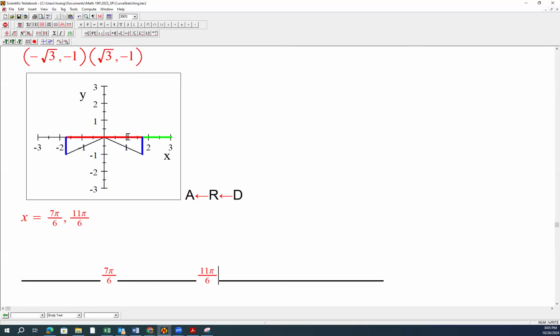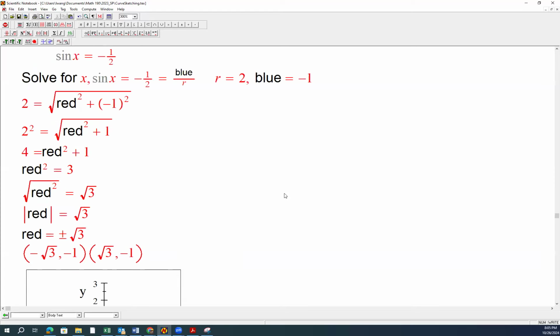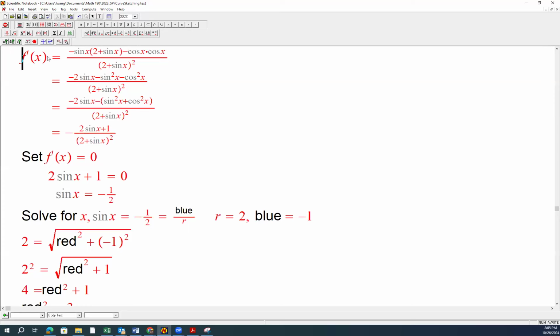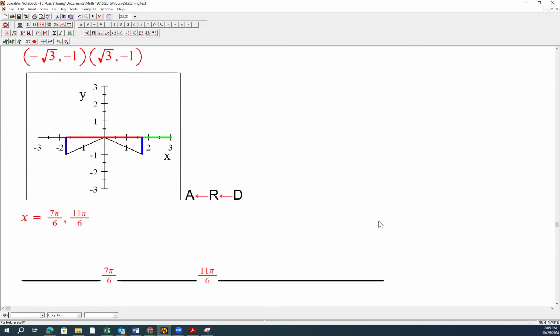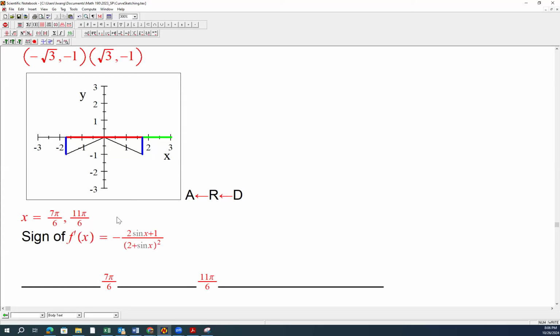Okay. We start measuring, say, from 0 to 7 pi over 6. From 0 to 7 pi over 6, what is the sign of the first order derivative?